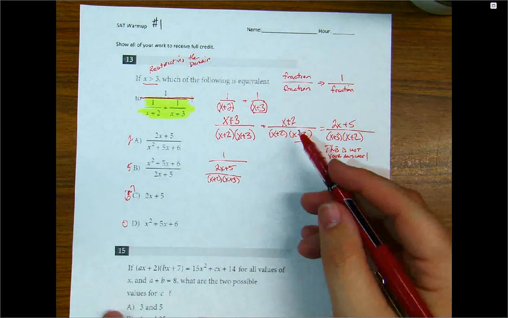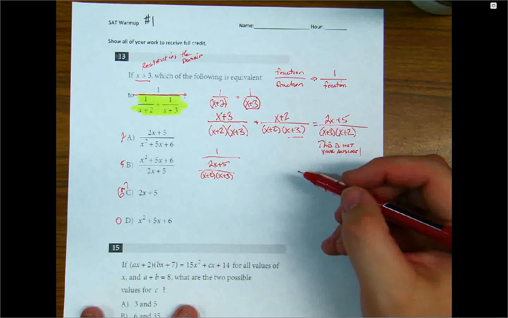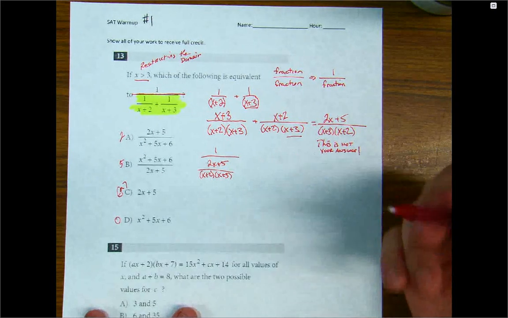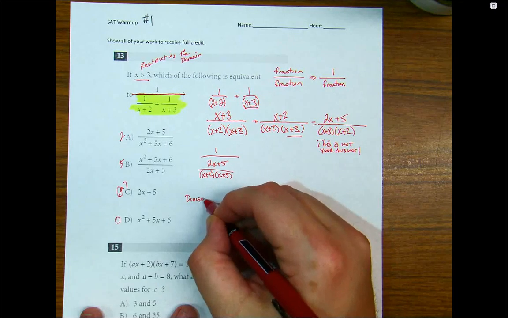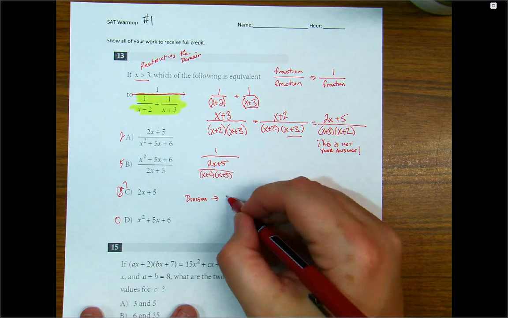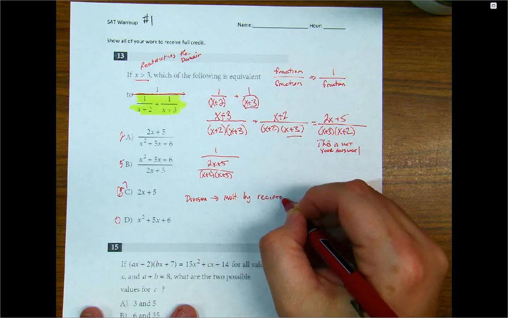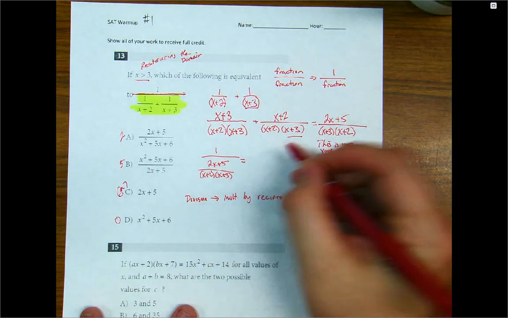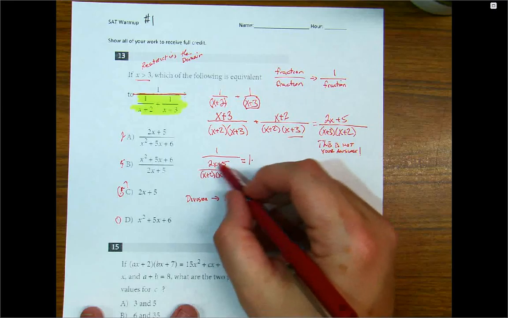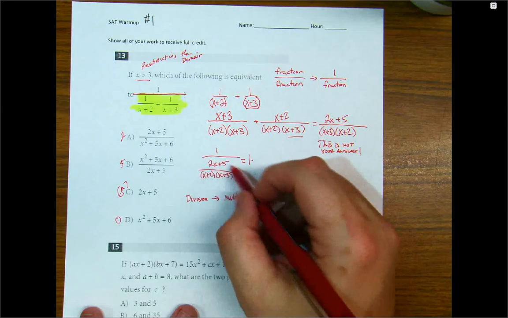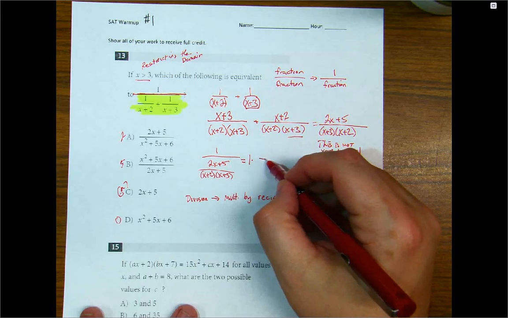What happens when you divide by a fraction? Can I change division into multiplication? Division, yeah, becomes multiplication by the reciprocal. So this is going to be 1 times, now what's the reciprocal of this thing? What's going in the top?